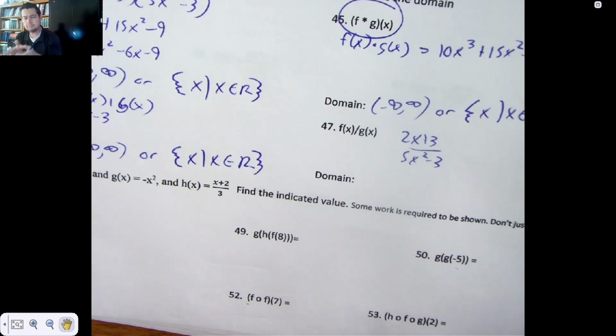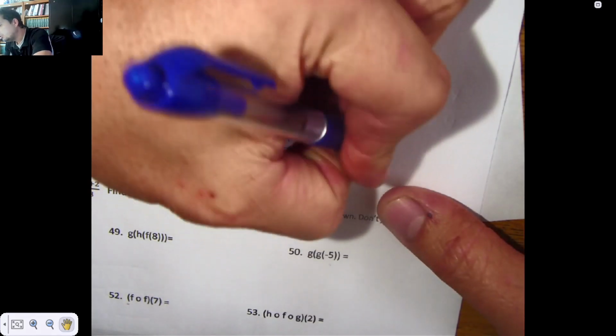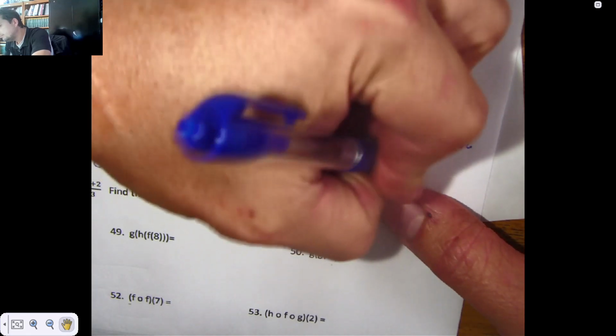There's going to be some places this graph just can't touch. There's two rules about domain. One of them is square roots, and the other one has to do with dividing by 0. It's kind of a rule. It says thou shalt not divide by 0.